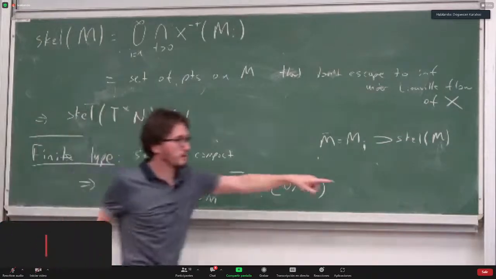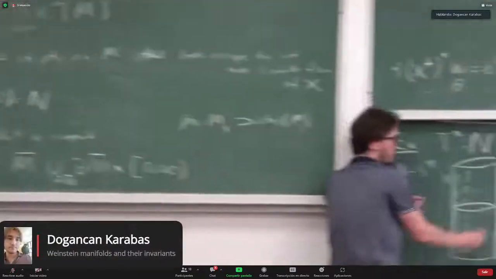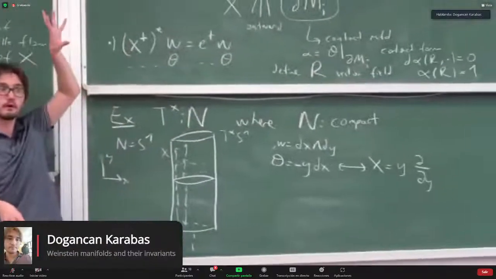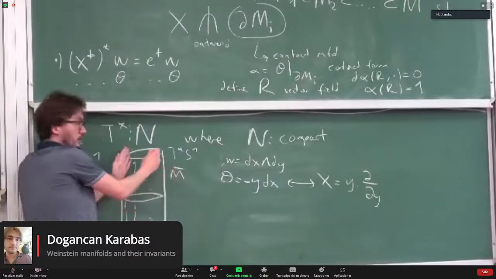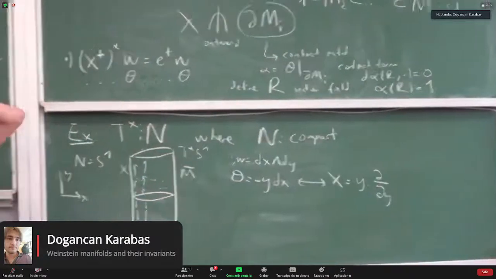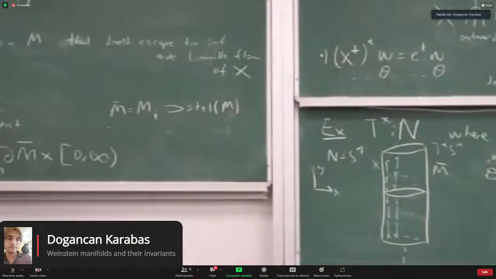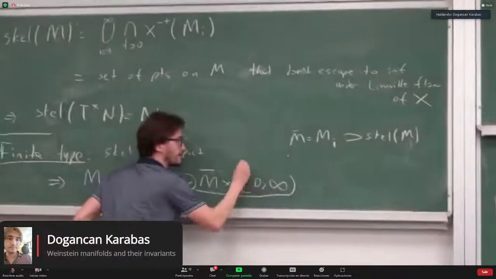So in this example, this goes on forever, like this. But M bar is this picture that you think of here, with boundary, okay? Basically this is called the cylindrical end.